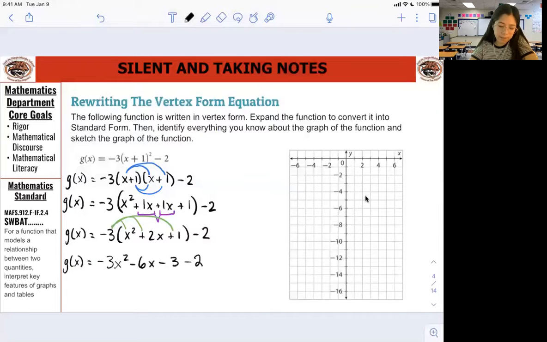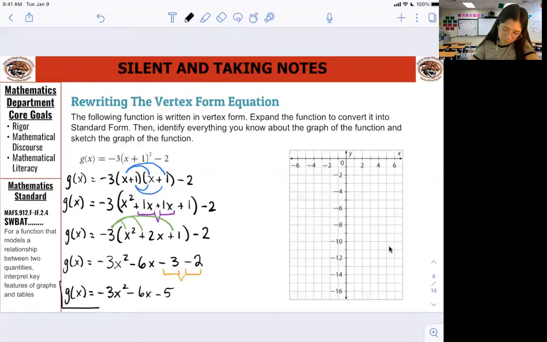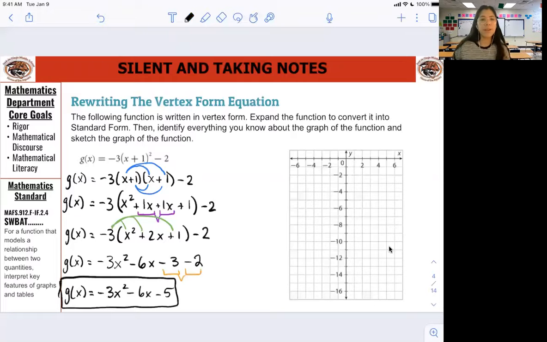And last thing, combine like terms again. -3 and -2 make -5. There it is. We have our standard form equation, which now we can use to put everything together.